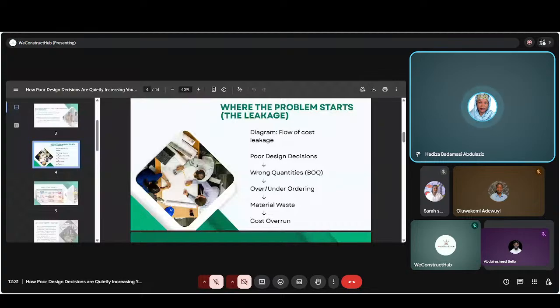You either buy too much, that's a waste, or too little, and that will lead to delays or emergency purchasing. Excess material gets damaged, unused, or destroyed, in fact, stolen. Storage can lead to rush replacement at high price, and then cost overrun at the end. All these small issues accumulate into major budget overruns.